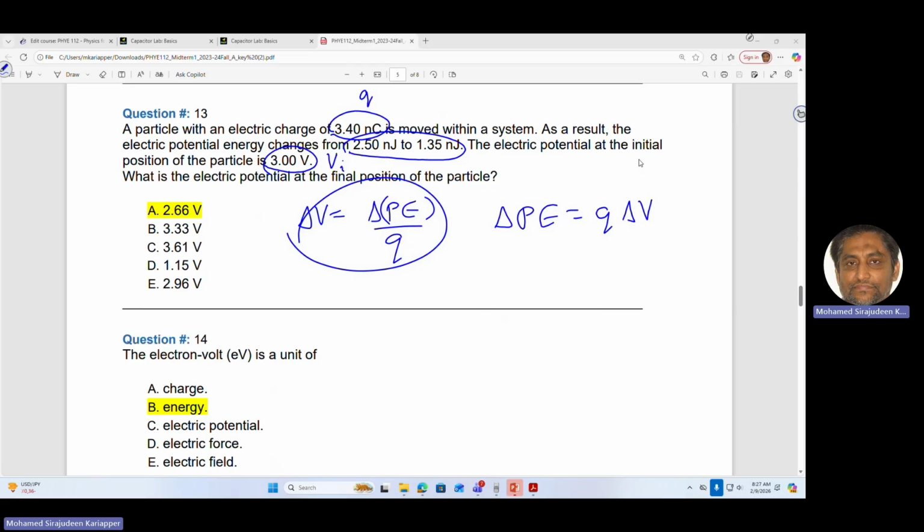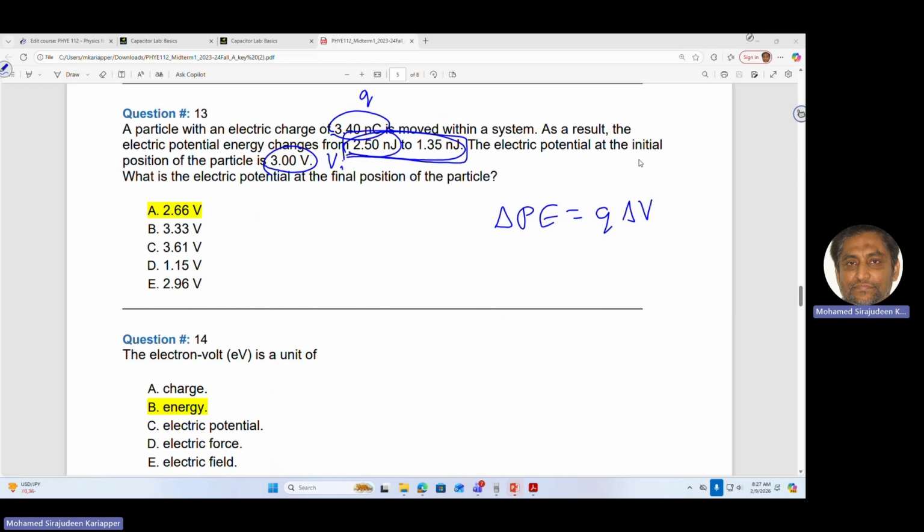All you have to do is just substitute things into this equation. Identify what is being given. Q is given, right? So there is a Q in the formula, the charge. And he is giving an energy, initial energy and the final energy. So that is PE.